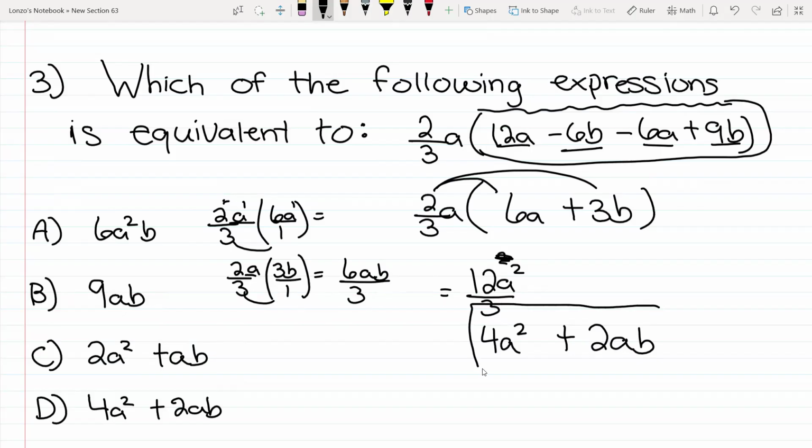So my mistake when I first did this one was that I FOILed out the 2/3 A immediately. You shouldn't do that because it's more work, more confusing, and it's easy to make mistakes. Instead, you should clean up the parentheses, then FOIL out. So that would be letter D.